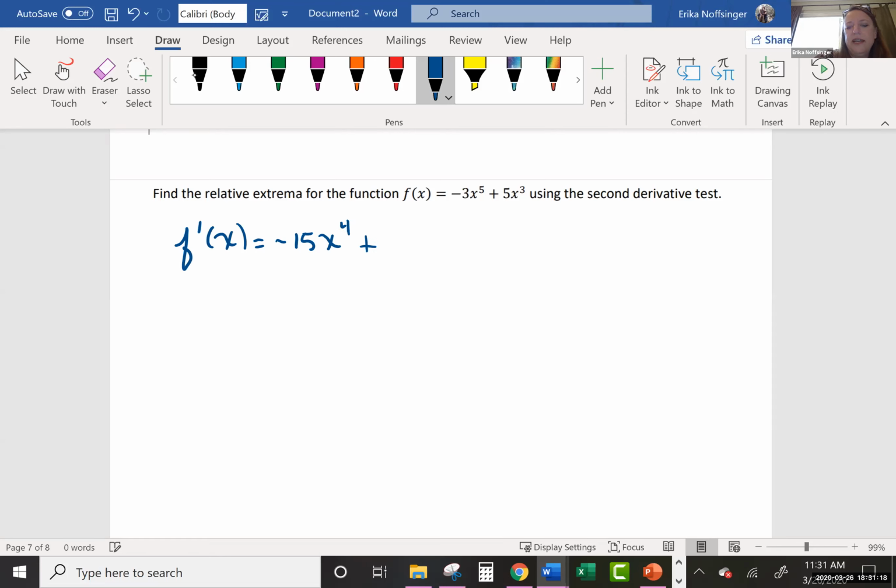Plus, and so taking the derivative of 5x cubed, I get back 15x squared. So I need to find where f prime of x equals to 0. And so I'm looking at when is negative 15x to the 4th plus 15x squared equal to 0.